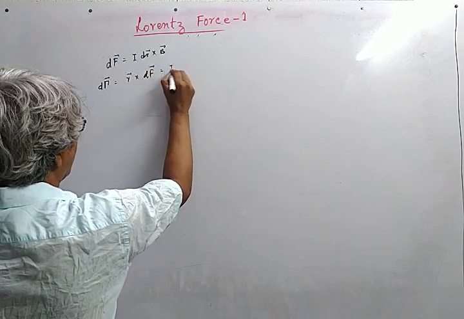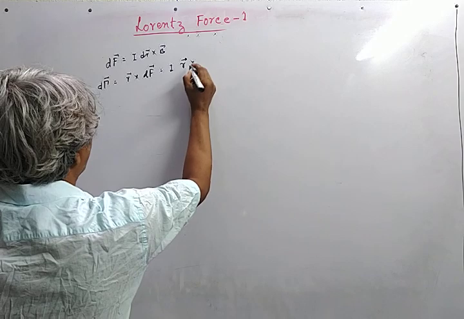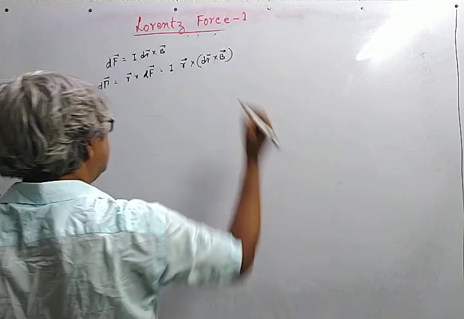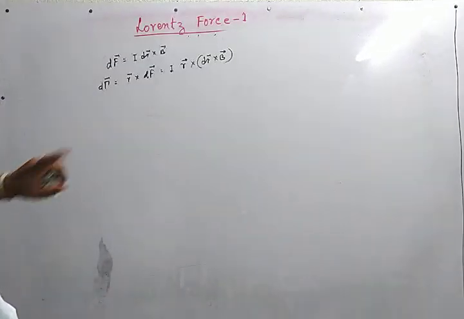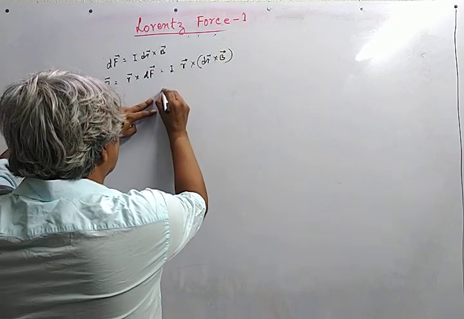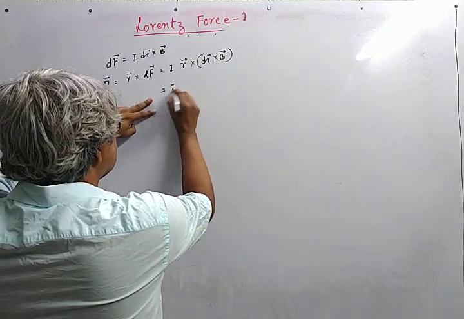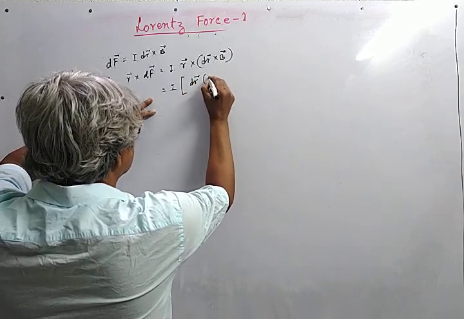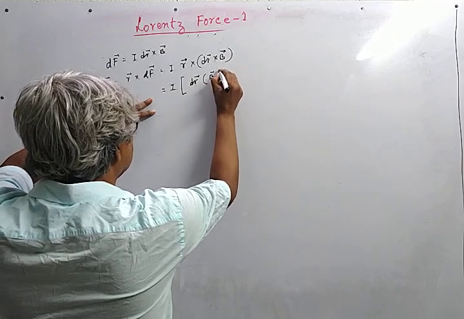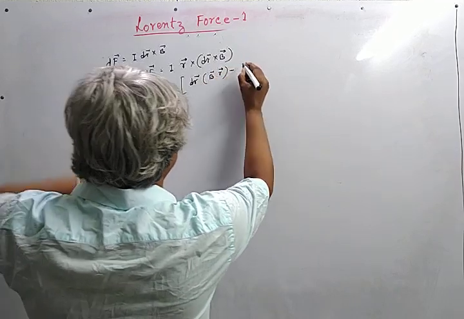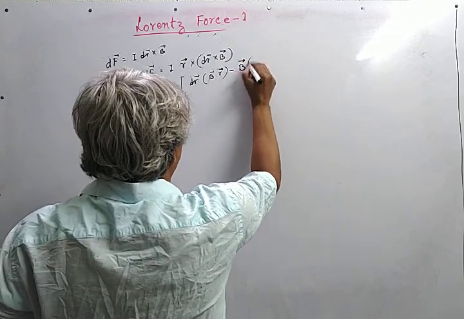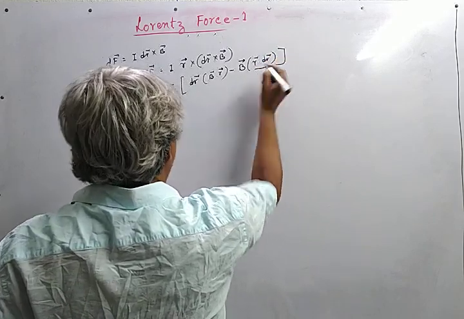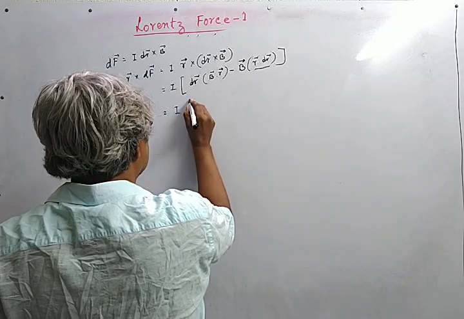This is I r cross dr cross B. One thing we can write it as I. This part can be simplified as this.